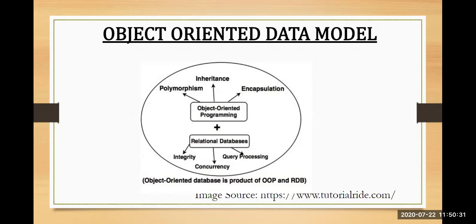Along with it there are object-oriented concepts like polymorphism, inheritance, encapsulation. Polymorphism refers to many forms, inheritance refers to the parent-child relationship, and encapsulation refers to hiding details. When all the object-oriented programming concepts are joined with relational database features, that is integrity, concurrency, query processing, that together makes your object-oriented data model.